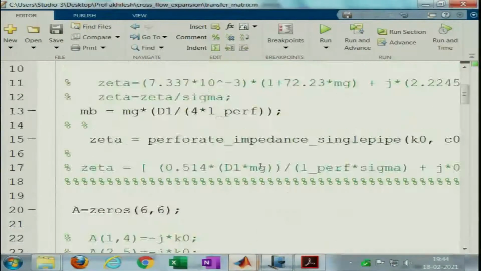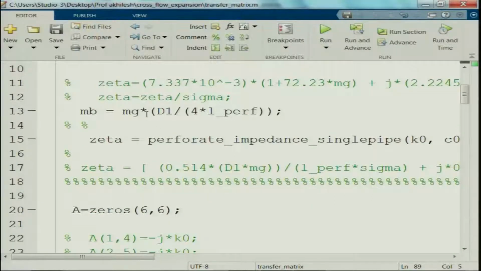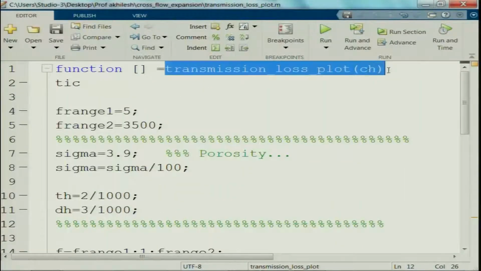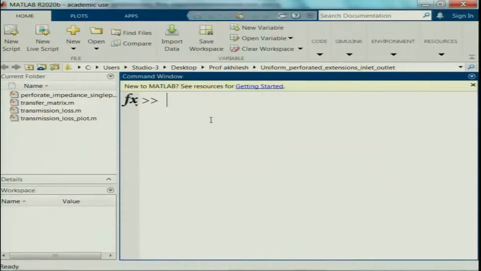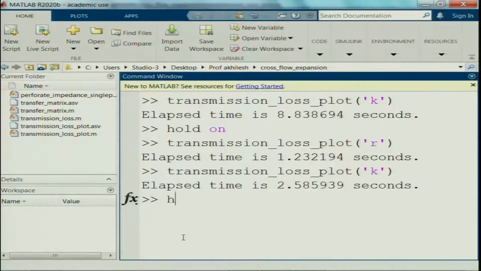We just set the bias flow given by this one, and we just plug out this one. So, we get this kind of a curve.